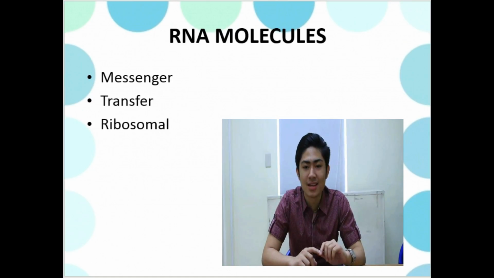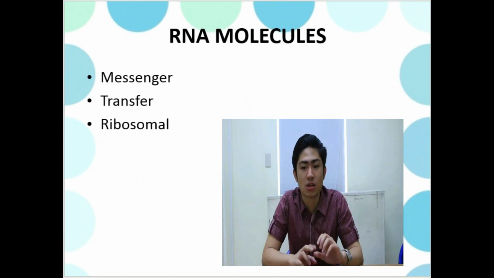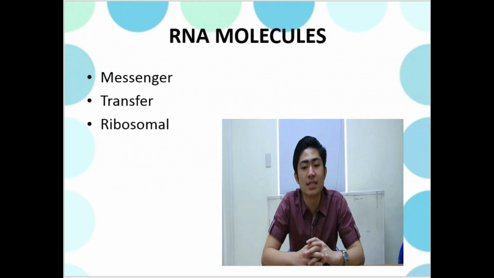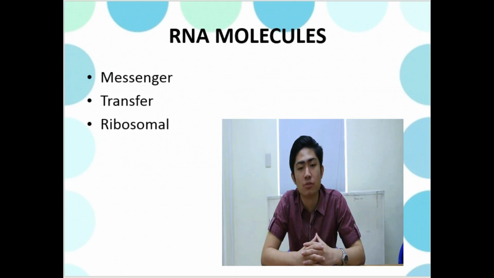If the next code word on mRNA calls for it, the correct tRNA with its attached amino acid is selected at each step, because each specific tRNA molecule contains a 3-base sequence that can base pair with its complementary code word in the mRNA. So ribosomal RNA associates with a set of proteins to form ribosomes.